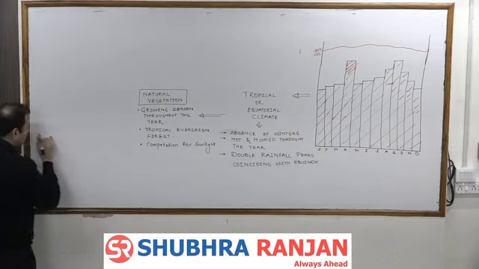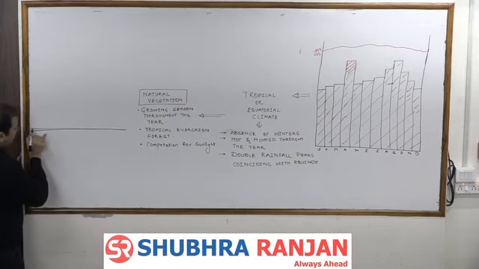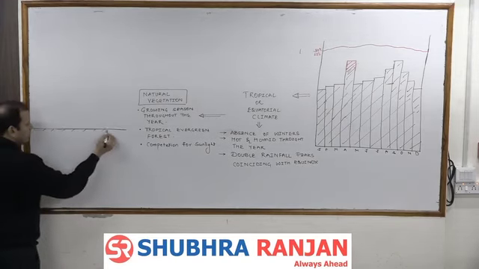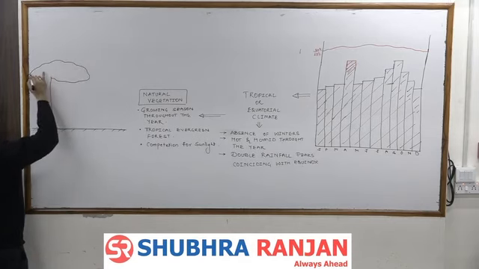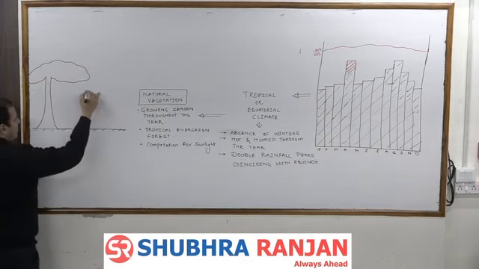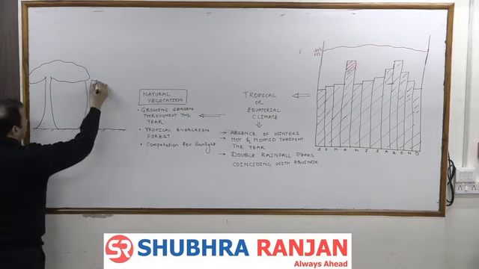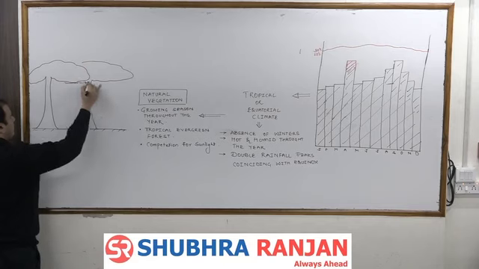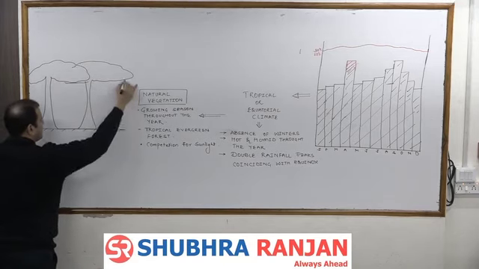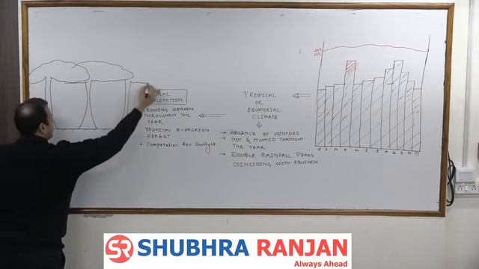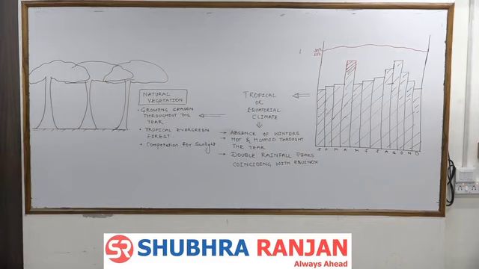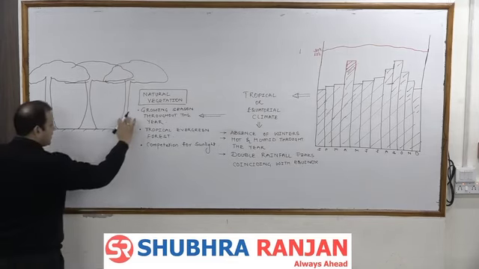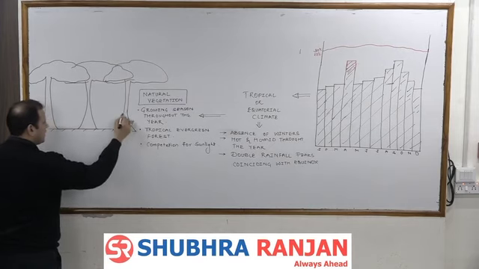If this is our imaginary ground, there will be a first layer of trees, which will be the tallest trees, growing up to a maximum height and opening up in a canopy. This is the first layer of the trees. So what I want to show in this diagram is that these trees block the sunlight. Yes, they catch the maximum amount of sunlight.